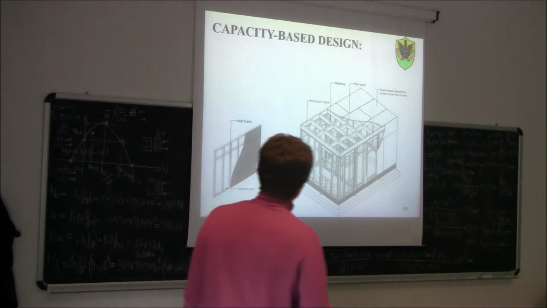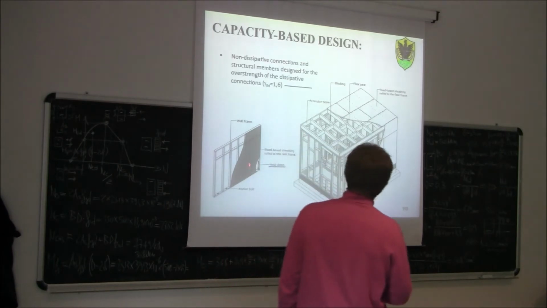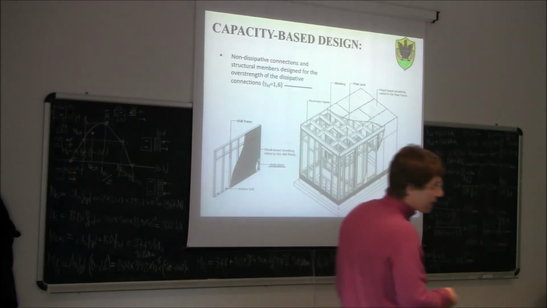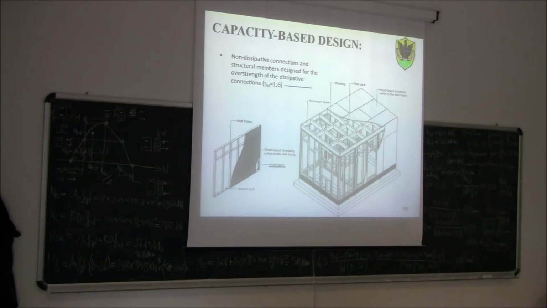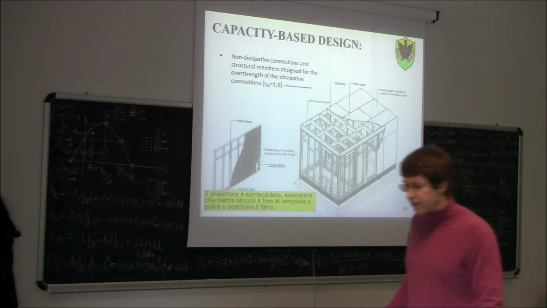So, for example, the hold down, unlike the cross-slab panel that we saw yesterday, where the connection between the hold down and the panel is a dissipative connection, in this case the hold down will entirely be considered as a brittle element that will entirely be designed using capacity-based design. Also, the anchor bolts will be designed for the overstrength of the nails.